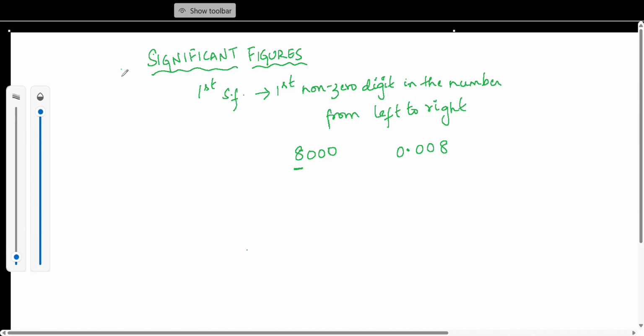So when you have to express a number correct to two significant figures or three significant figures, it's similar to correction or rounding, but not exactly the same. For example, let us see how it can be done with an example.